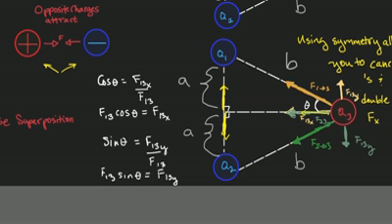So we only have twice the Fx that we have. If we find F sub x, we can multiply by 2, or find each individual Fx and then add them together. You'll get the same answer.